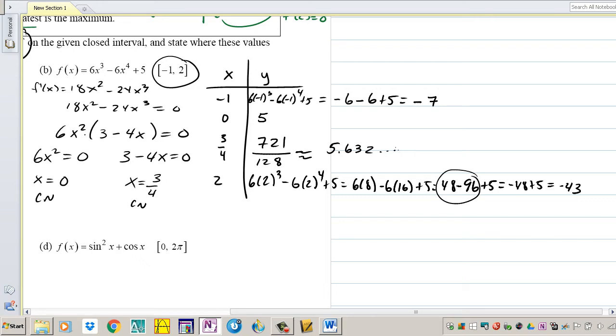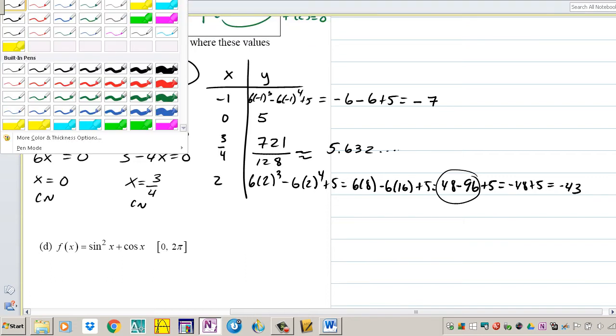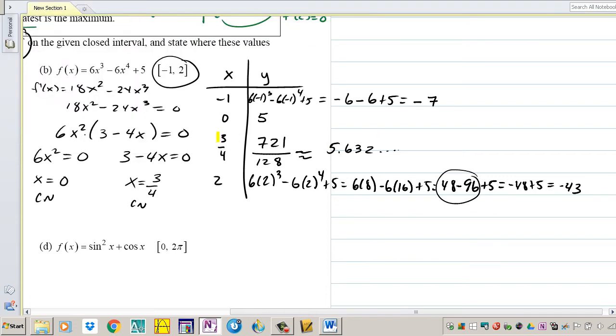Okay, so now I know I cheated there, but I mean, because I can, I'm the teacher. But anyways, you guys can check that and you'll be able to get 5.6. And what is my maximum? My maximum is at 3/4 for the x and 5.6 for the y, and my minimum was 2 and -43.